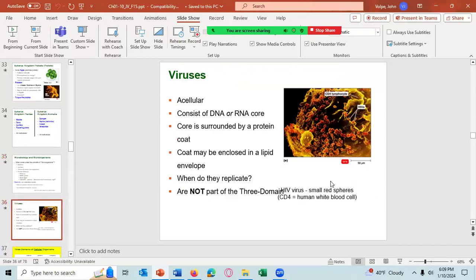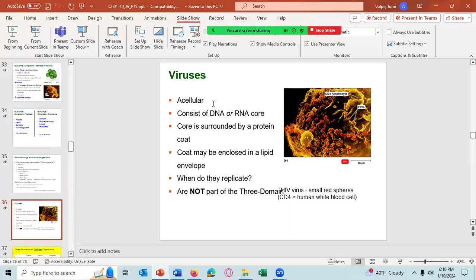All right, let's briefly talk a little bit about viruses. They are not cellular, so we can say they are acellular. They do have a genome, which consists of either DNA or RNA. But that genome is never both DNA and RNA. It's either DNA or RNA. And that molecule will be the central molecule of the virus. And then that molecule will be surrounded by a protein coat.